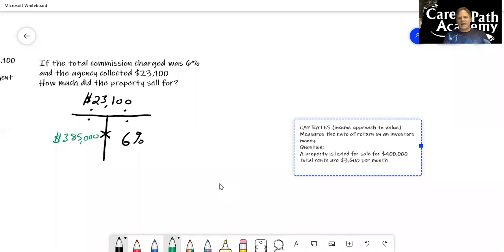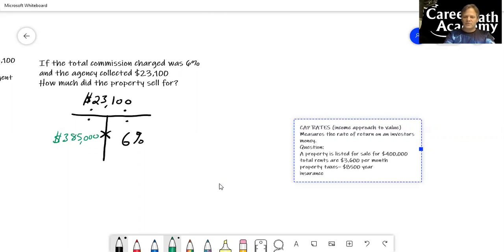And the property has expenses of, let's see, properties listed for 400,000, total rents are 3,600 a month. Property taxes are $8,500 a year.